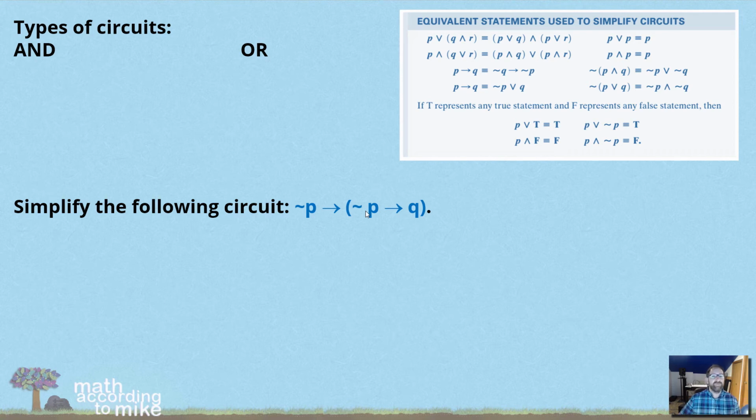Before we're getting too down, we're already really down the rabbit hole. Let's talk about what the two types of circuits are. You can have two types of gates, is really the word G-A-T-E, gates.